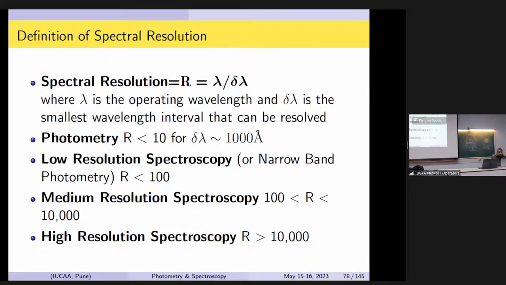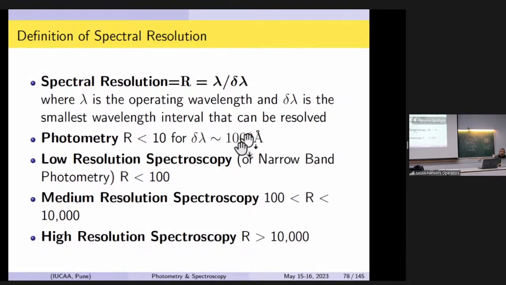Next is low resolution spectroscopy. Now we are improving the resolution. So instead of BVR, we are taking more and more points. So now the filters are not 1000, they are even narrower, maybe 100 angstroms or even 10 angstroms. So we'll have many points along the black body to observe. So it's called low resolution spectroscopy, or some people may call it narrow band photometry. Why narrow band? Because they are no more 1000.